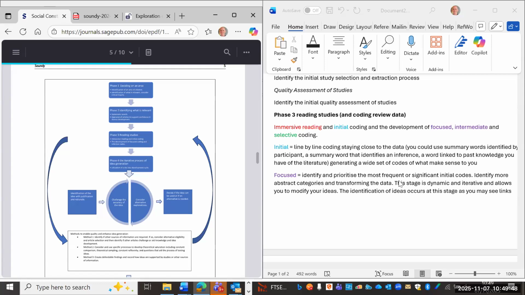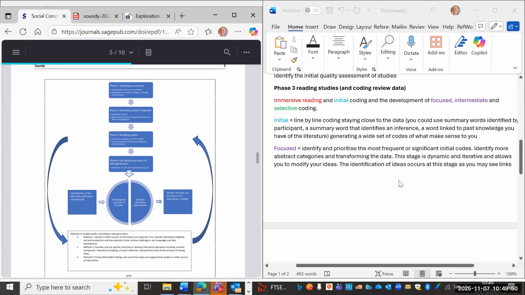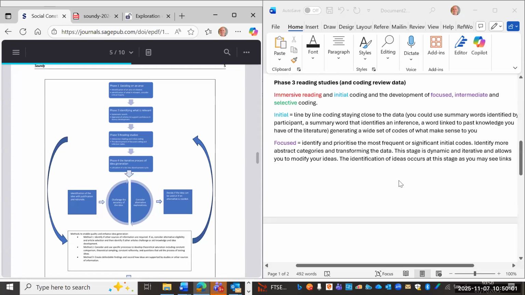Now, once that's done, you're going to get to a time where you can identify and prioritize the most frequent or significant codes, ones which may come up more often. And then there's this process within that where you're thinking about maybe abstract codes and abstract categories and transforming the data. And within that, you might start asking yourself questions of how do they link together?